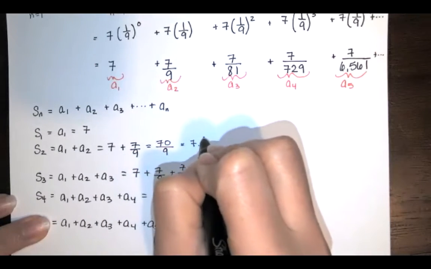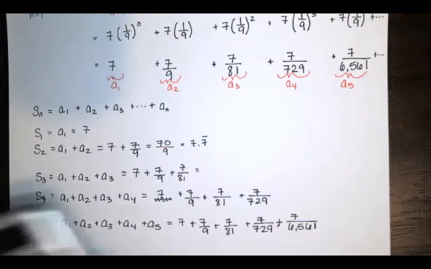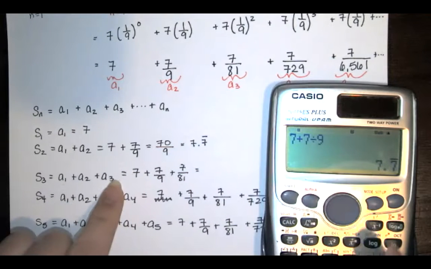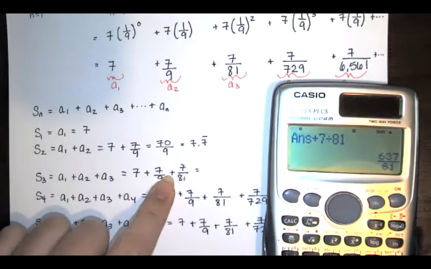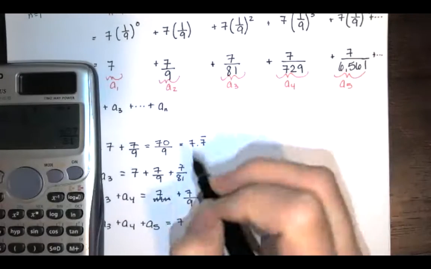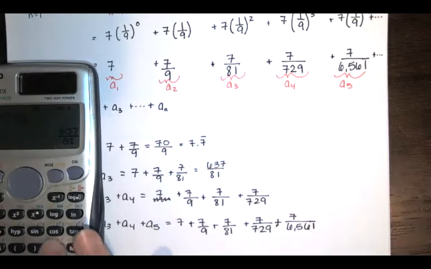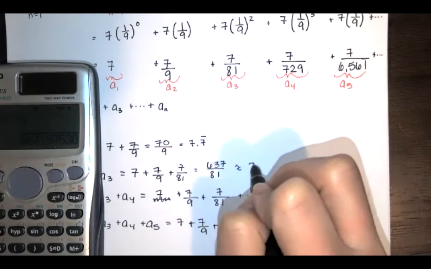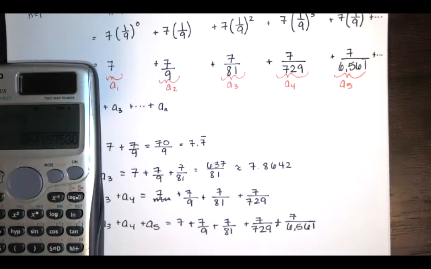Actually, that's an exact answer. And then here, we want to take that last answer and we want to add 7 divided by 81. And that gives us 637/81, which is approximately 7.8642 if I round to 4 decimal places.